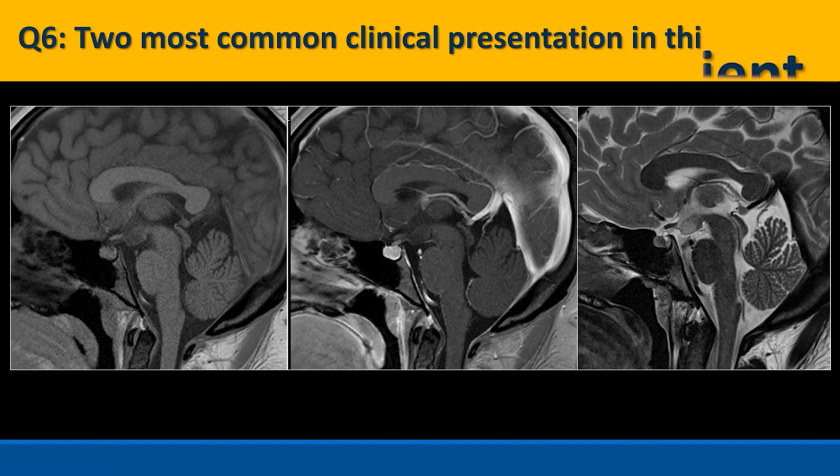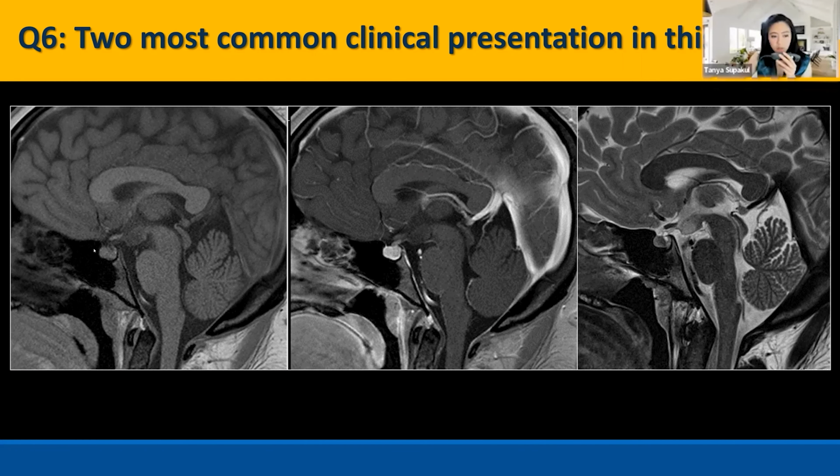Looks like there's a T1 hypointense and slightly T2 hyperintense lesion within the hypothalamus. It looks like that could represent a hypothalamic hamartoma. And if that's the case, then the 2 most common clinical presentations would be precocious puberty and gelastic seizures.